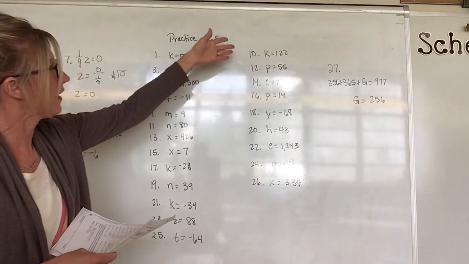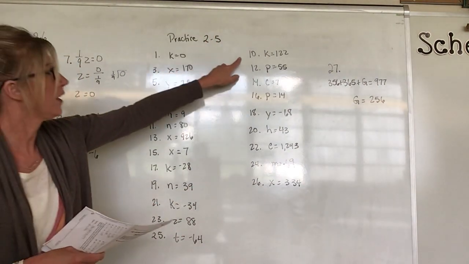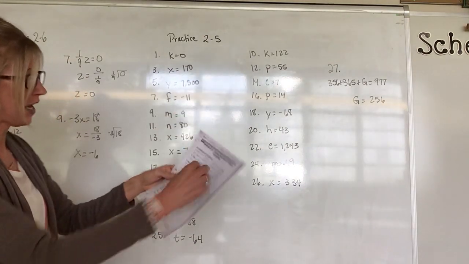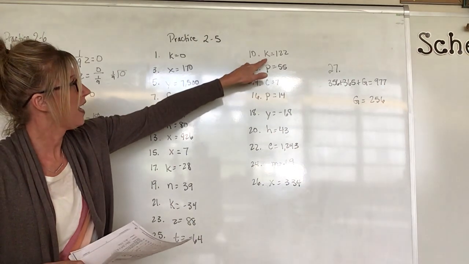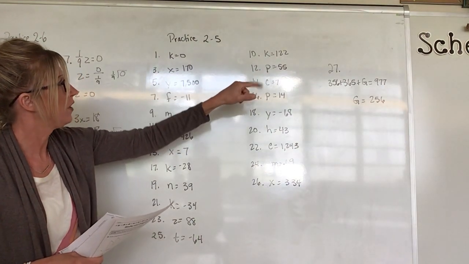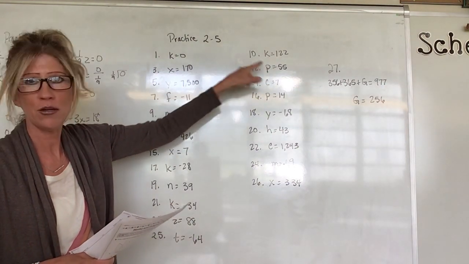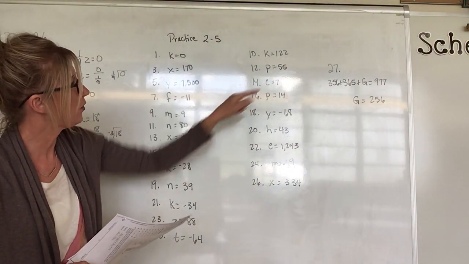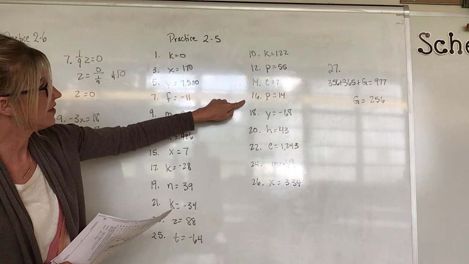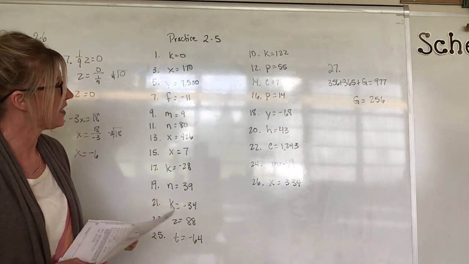I hopefully gave you up to number 8. I'm going to start on number 10 now. We're going to go down this row. Number 10, K equals 122. Number 12, P equals 55. Number 14, C equals 7. Number 16, P equals 14.